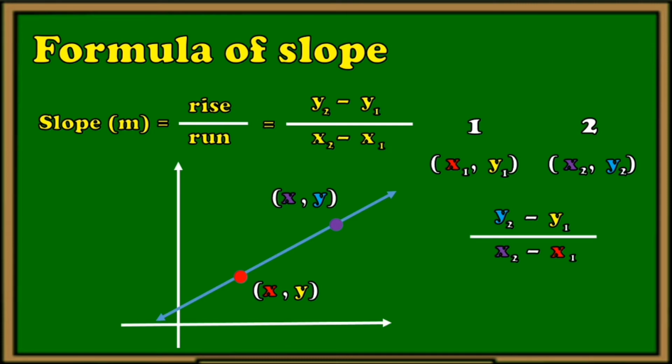That's how we use the formula y sub 2 minus y sub 1 all over x sub 2 minus x sub 1. Again, we only use this formula if the given are 2 points.